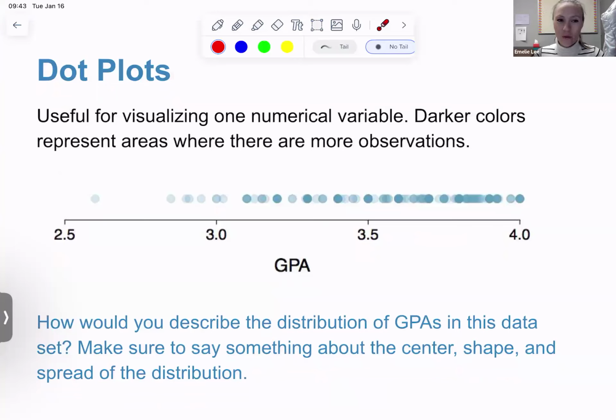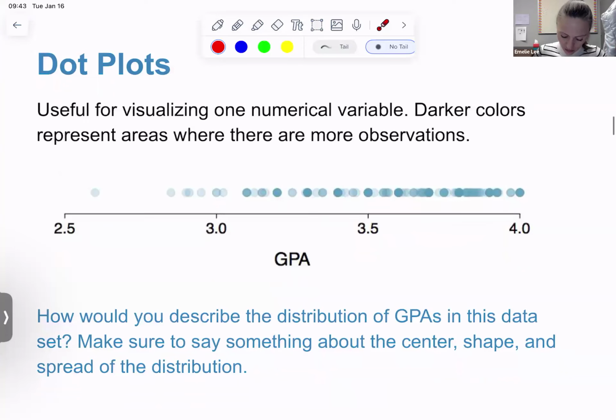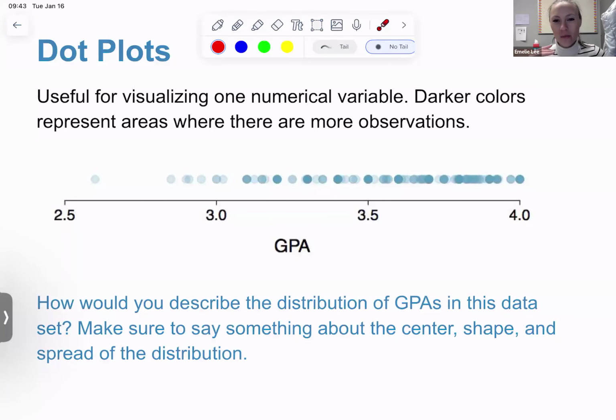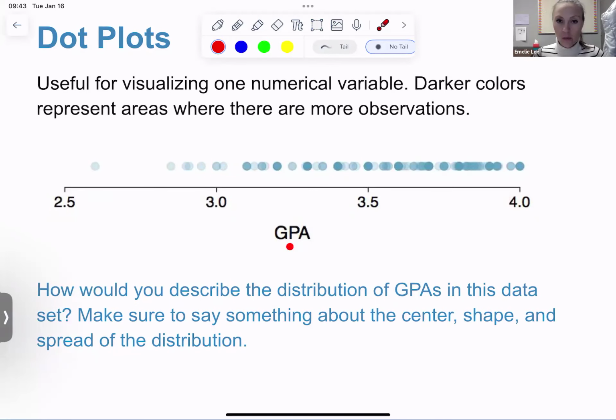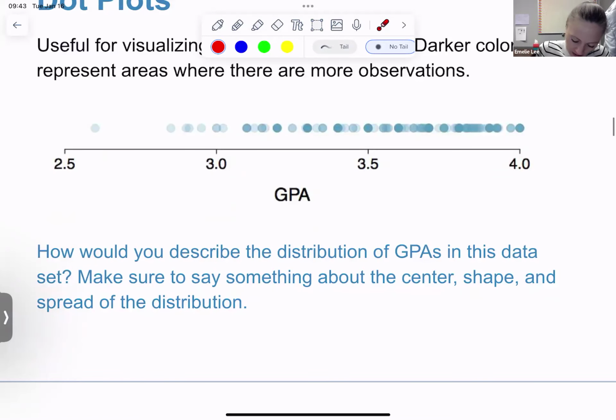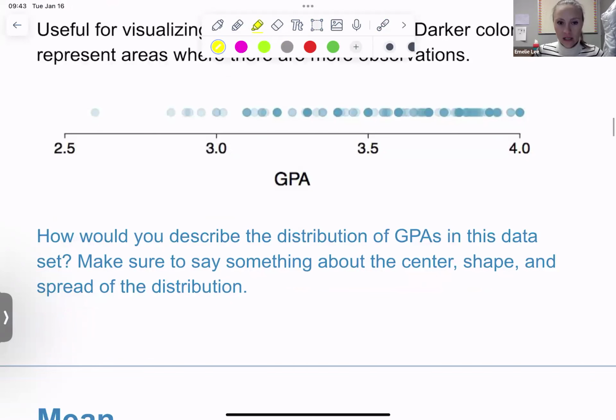Okay, so what we want to work up to is being able to describe the distributions. Here we've got GPA as our numerical variable. If we have to describe the distribution, and the reason I kept this slide is that when we talk about the distribution, we have to talk about three things: the center, the shape, and the spread.